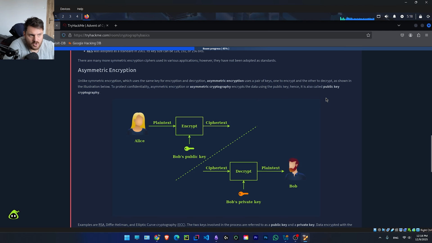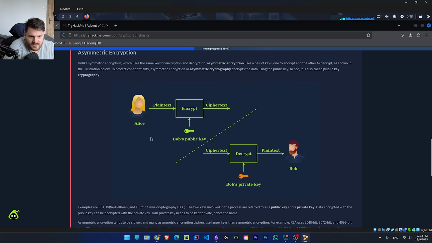Hence, it is also called public key cryptography. Again, we have a plain text message. We encrypt it using Bob's public key. Then we have the ciphertext, which is received by Bob, and Bob uses his private key to decrypt the plain text.